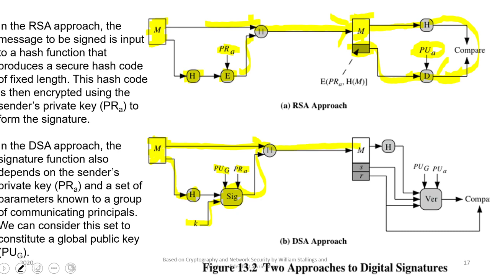And then at the receiving point, the message is received and a hash is produced. So at the receiving end, the hash code of the incoming message is generated. And this one plus the signature is also received as an input for the verification.